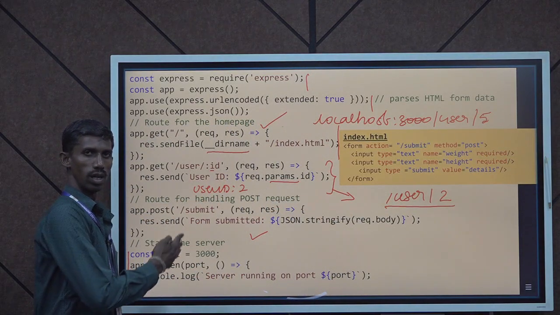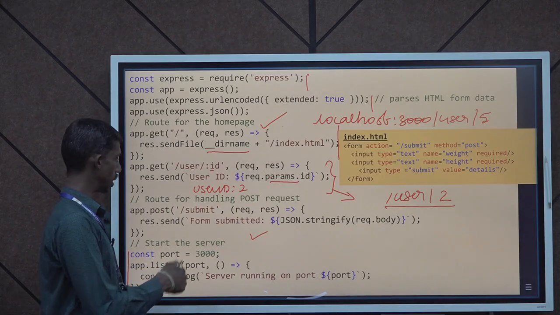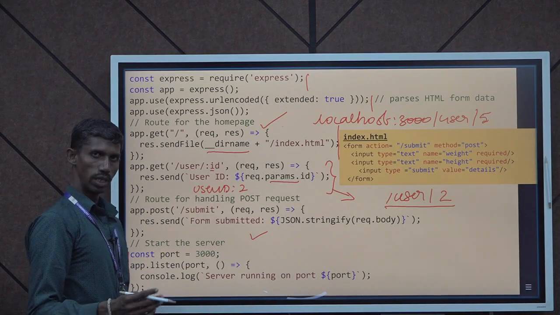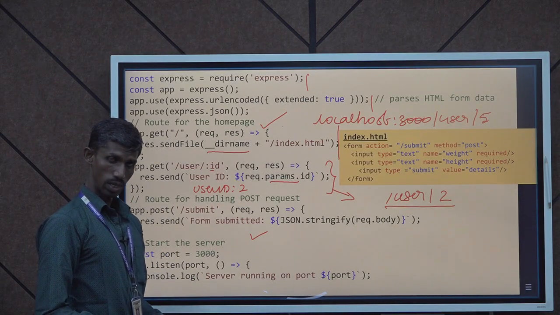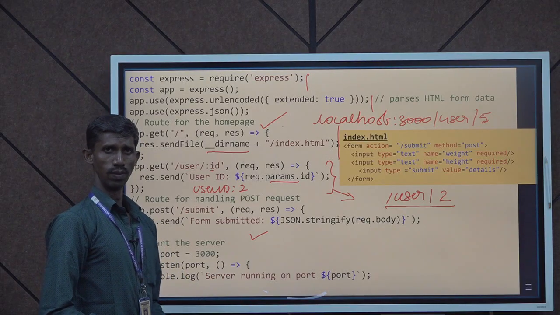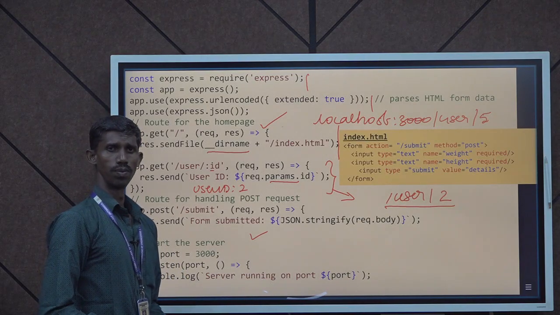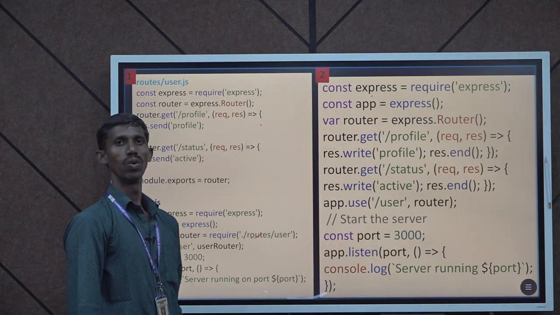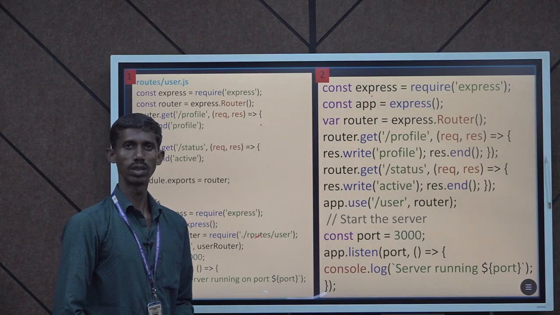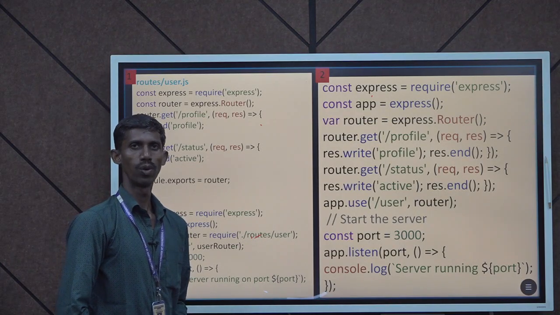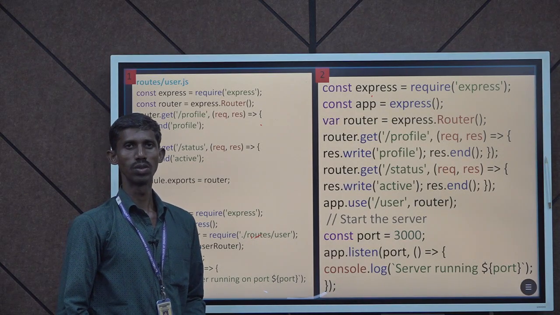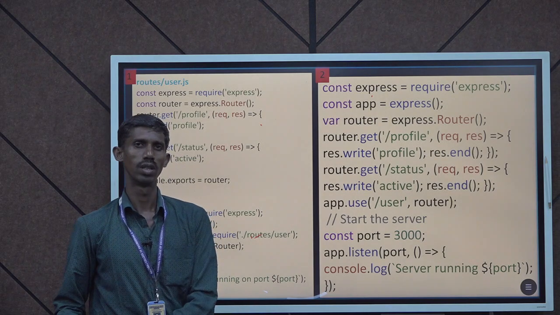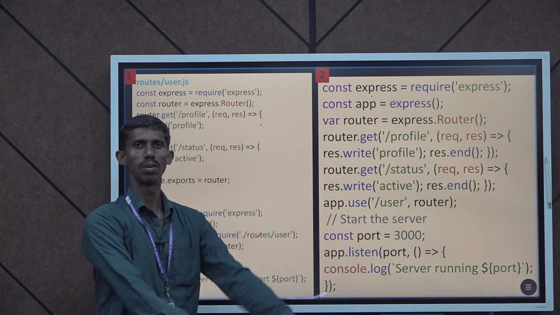There are two methods we discussed, get and post. Put and delete are used when we work with the database. Now we can create our own router. For example, if you want to design some project, module 1 is assigned to person 1, module 2 is assigned to person 2.